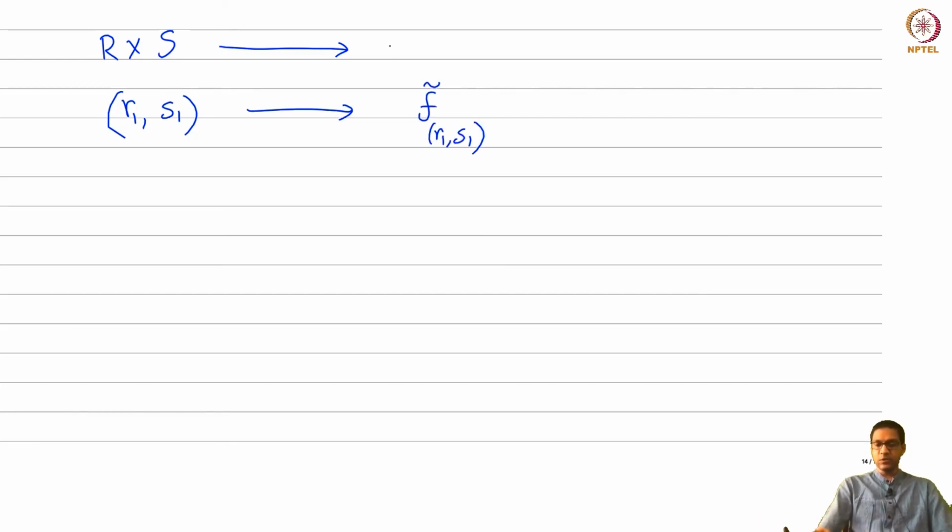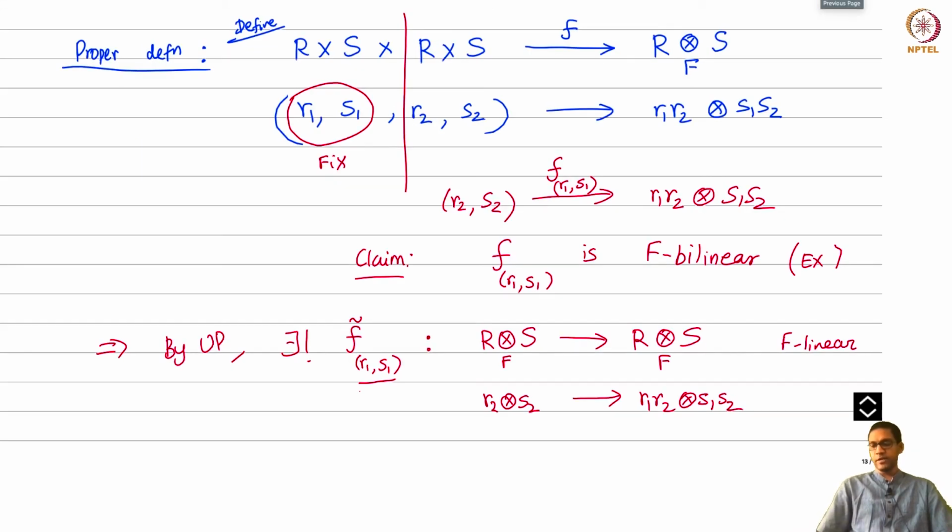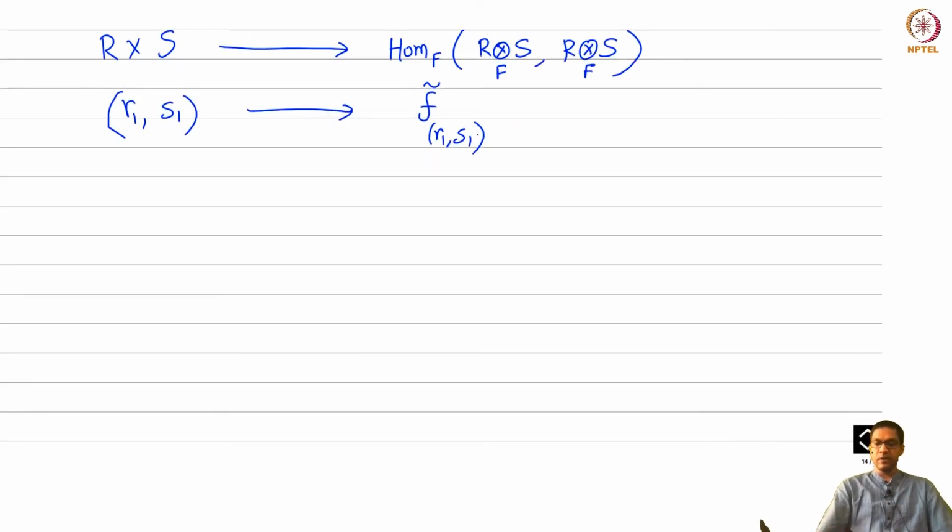Well, F tilde was a linear map, so it's in the space of all F linear homomorphisms from R tensor S to itself. If you go back and see, that's exactly what it does: it's an F linear map from R tensor S to R tensor S. So F tilde R1 S1 belongs to the space of homomorphisms.